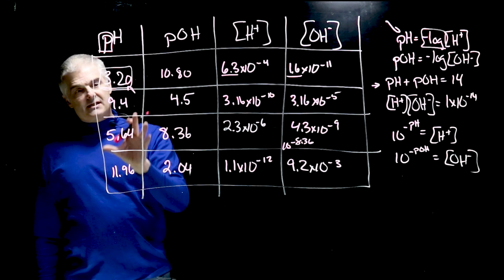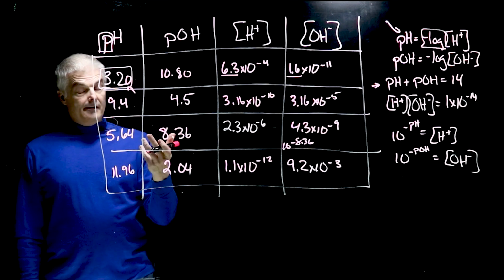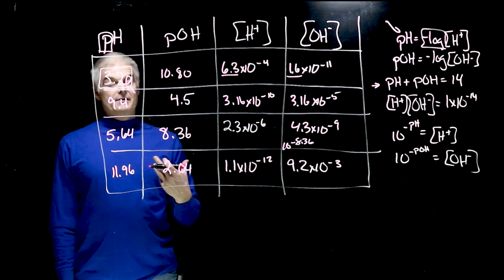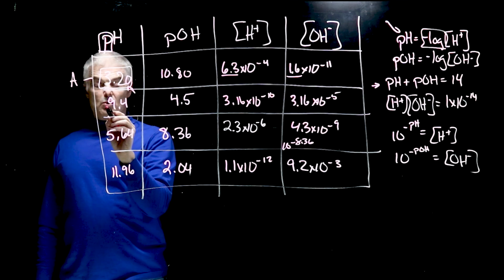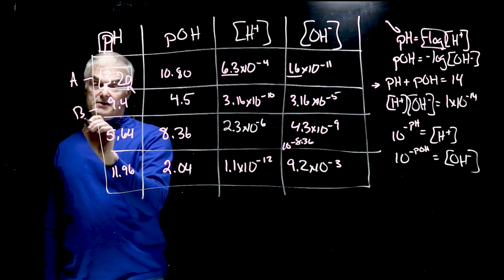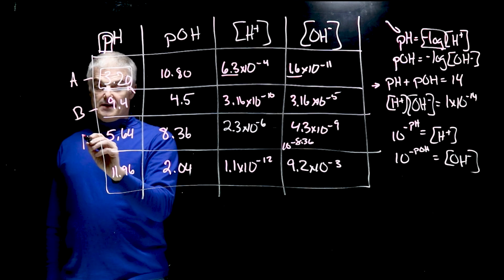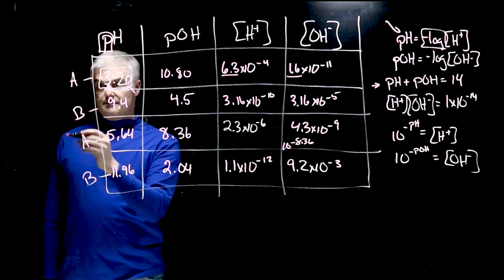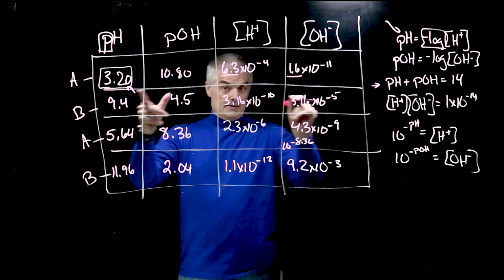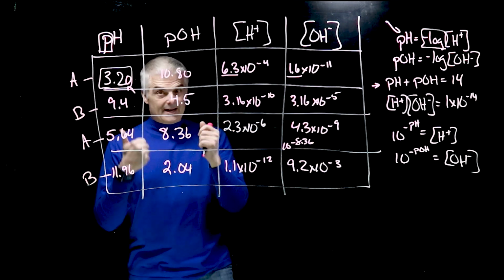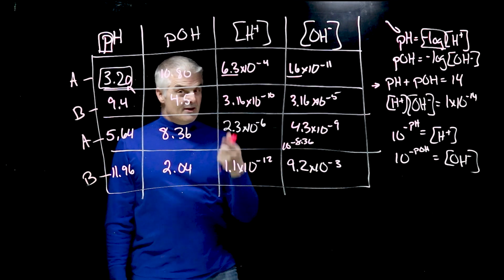If it's less than 7, it's an acid. If it's more than 7, it's a base. So what we've got here, 3.2, that makes this an acid. This 9.4 is a base because it's higher than 7. This is an acid, and this is a base. So you might be asked a question like that. Very simple. It's mathematics. You can do this. Use your calculator, because Houston, we've had a problem.